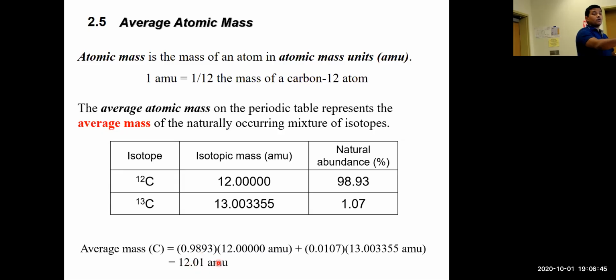You calculate the total to be 12.01 atomic mass units. So the actual mass of carbon available in nature is not just 12, but 12.01 atomic mass units. If you refer to the periodic table, you will find 12.01 atomic mass units. This is how you would calculate the atomic mass of any element.